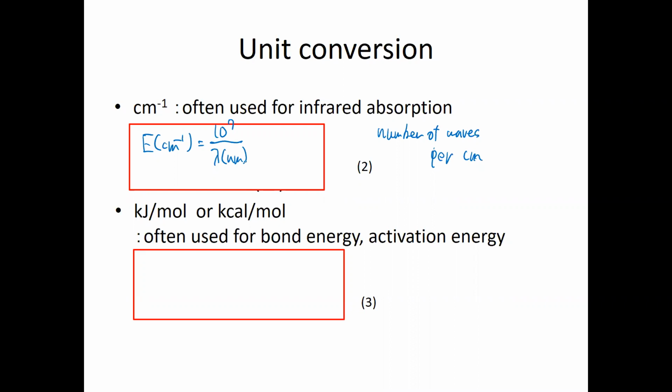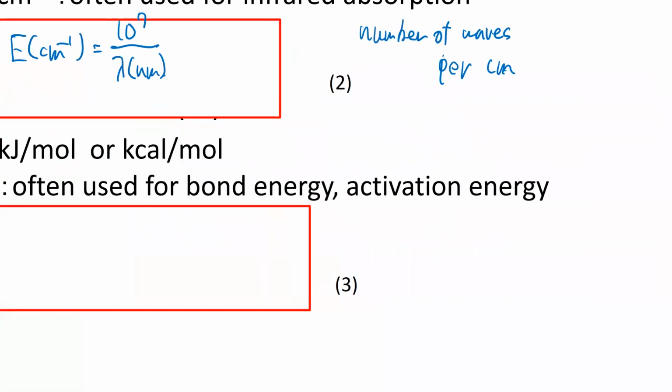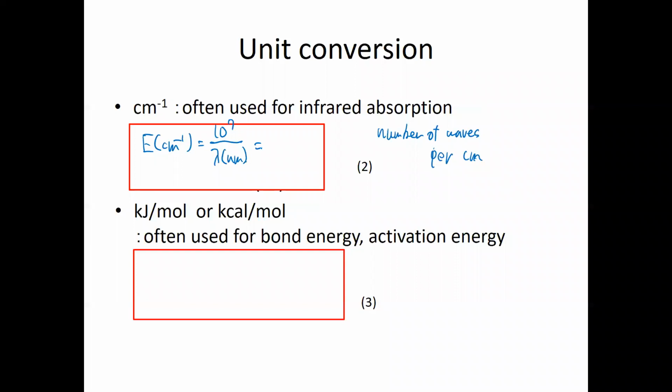And after some calculation, and this one is also included in the after lecture exercise, this can be converted like this. So it's almost like 8,000 times the electron volt.